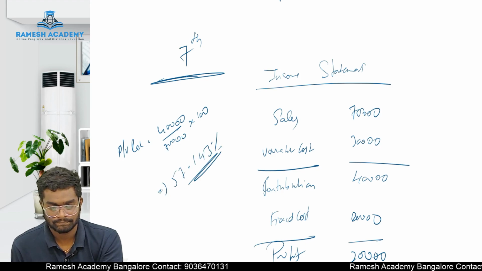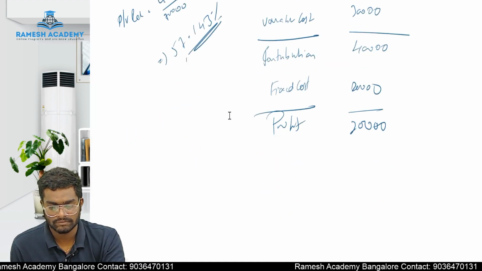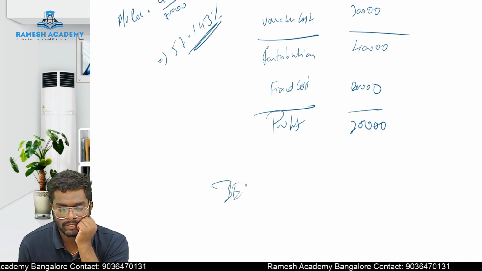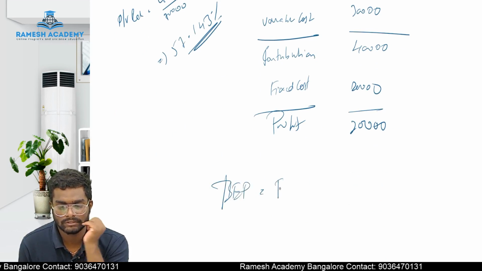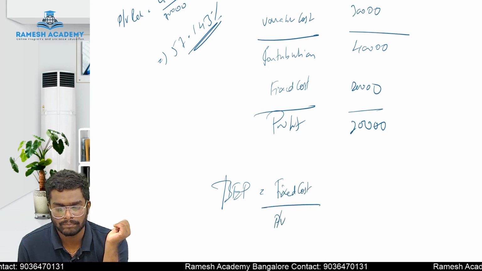Okay. So now we have to find the break-even point. What is the formula? Break-even point is fixed cost by PV ratio.